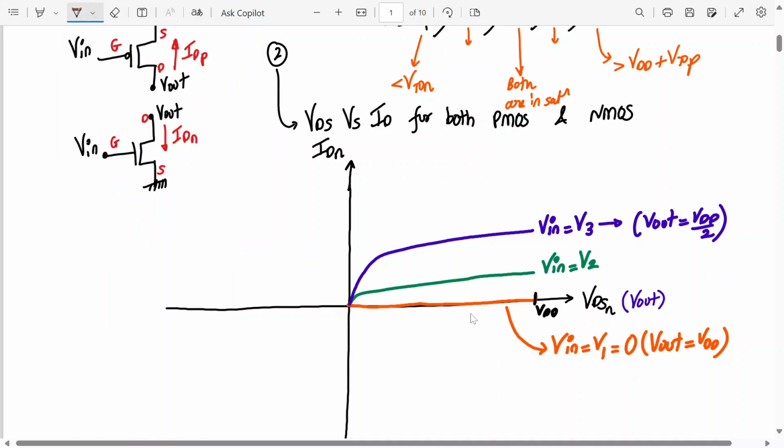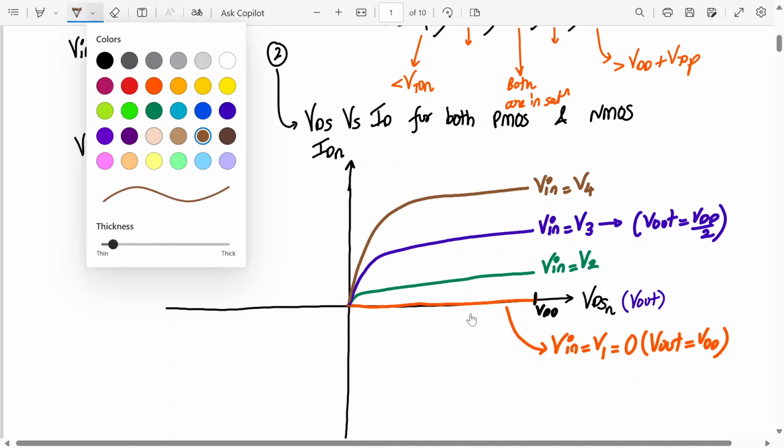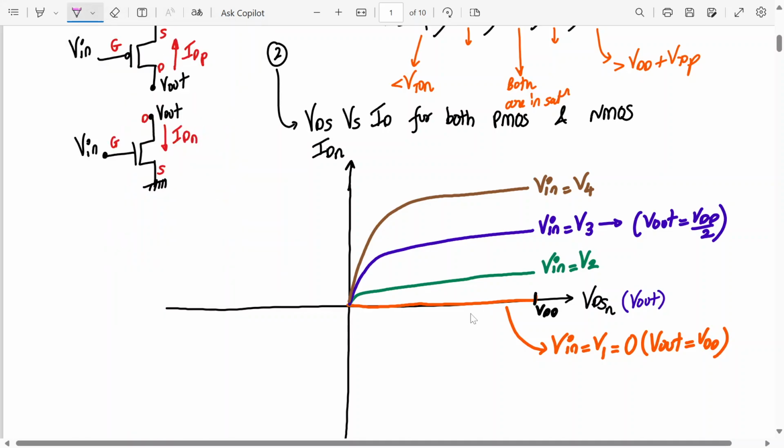Let me use brown color. V in equal to V4. So this is V in equal to V4. As we go on increasing V in, that is the VGS value, the channel is becoming more and more conductive. And finally we will plot at the end V in equal to VDD, or V in equal to V5.